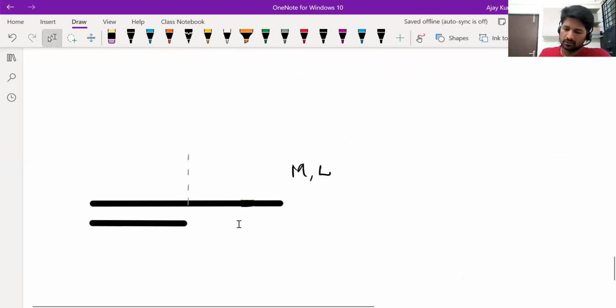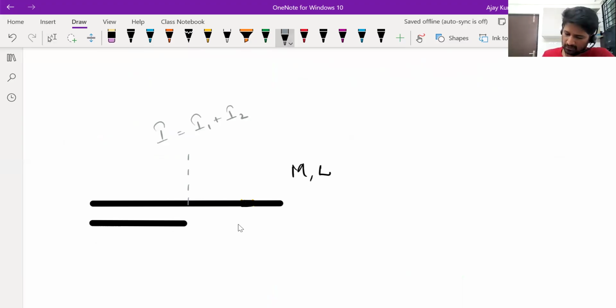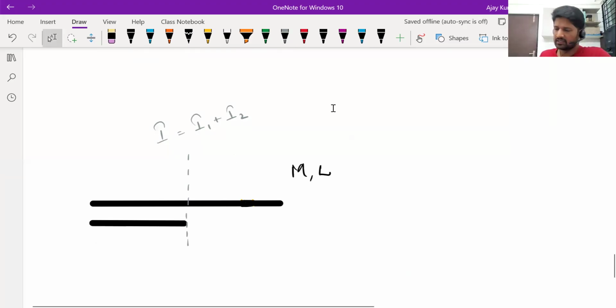So the total moment of inertia about this axis can be taken as I1 plus I2. What is I1? Moment of inertia of the left side rod about this axis, the left half of the rod. And I2 is the moment of inertia of the right half of the rod.